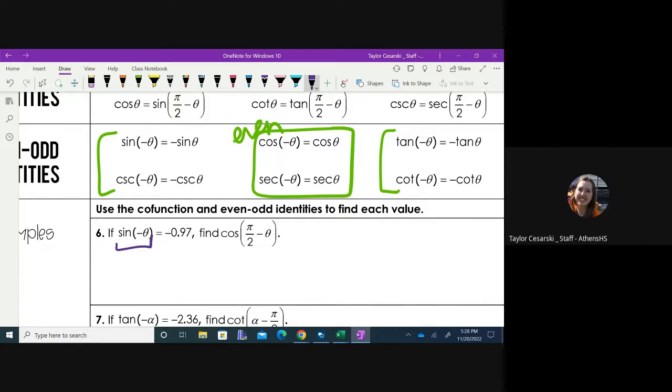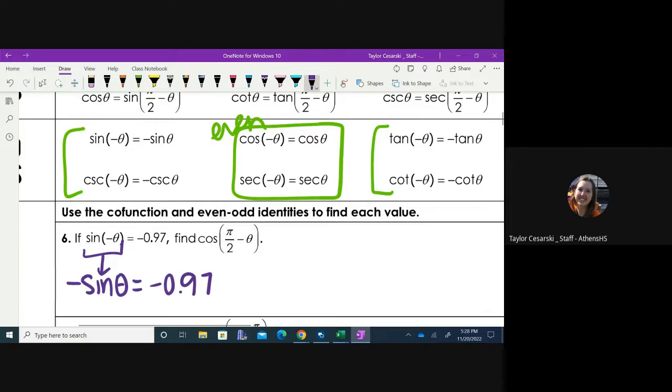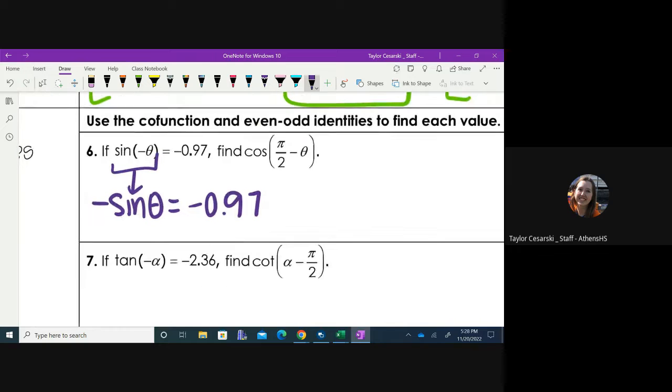So sine of negative theta, okay, sine is odd, so that's the same as negative sine of theta. I'm going to go ahead and solve for sine of theta here. Since sine is odd, sine of negative theta is just negative sine of theta. And then if I divide everything by negative 1, that means sine of theta is positive 0.97.